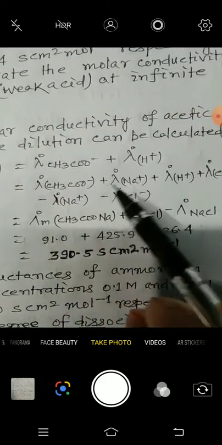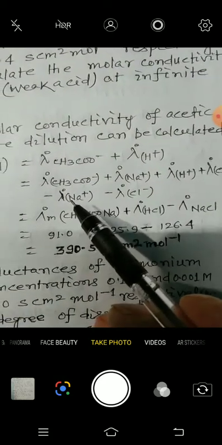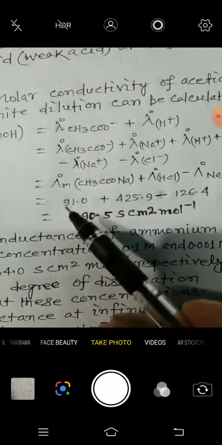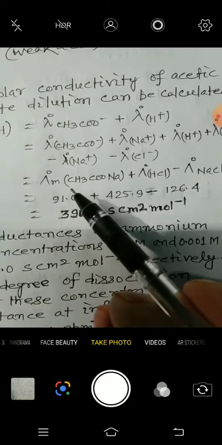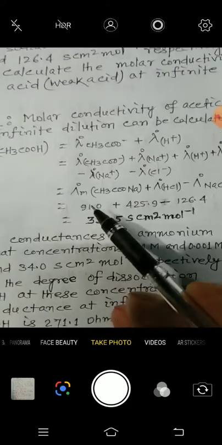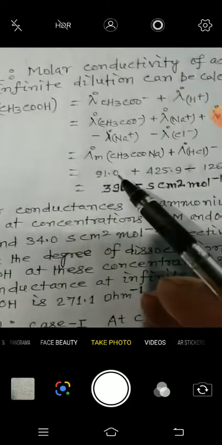Again you add and subtract the limiting molar conductivity of sodium ion and chloride ion, and you get this equation. Now when you put in the given data, you will get the limiting molar conductivity of acetic acid in this way.